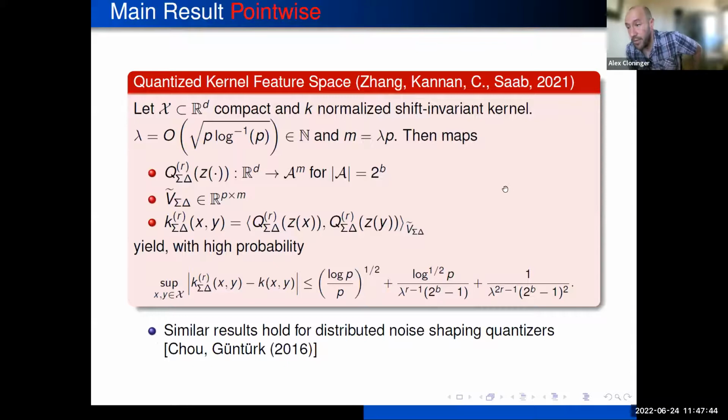It gives us the following. Let's say I had a set of points from R^d, and I have a normalized shift invariant kernel that I want to approximate.